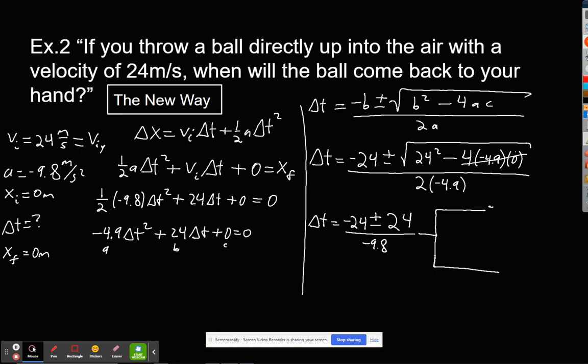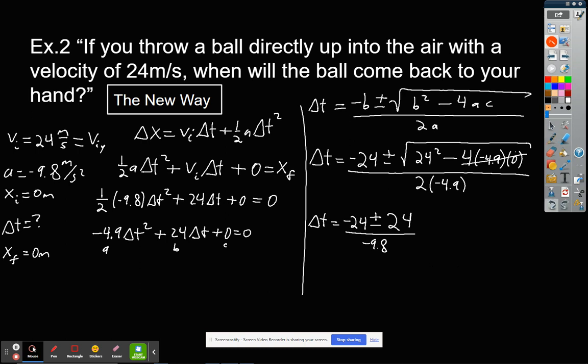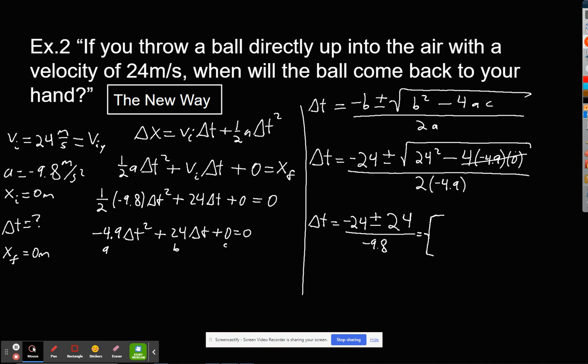So for negative, bar is a little too long. Here we go. That's better. Negative 24 plus 24 divided by negative 9.8. Negative 24 plus 24, 0. 0 divided by negative 9.8 is 0.